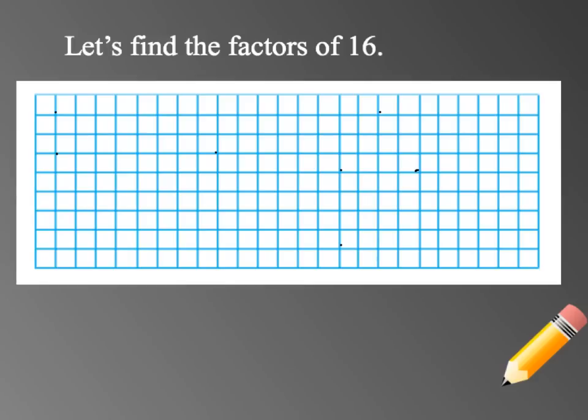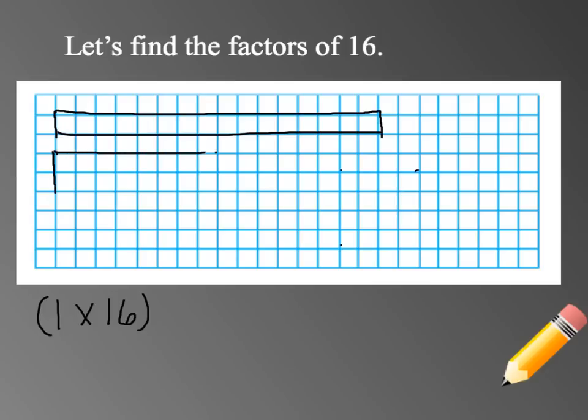Okay, let's continue on with our grid paper, and this time we're going to find the factors of 16. So the first one I'm going to draw is that super easy one of 1 by 16. Okay, 1 times 16. This is my first factor pair. I could also multiply, how about 2 times 8?